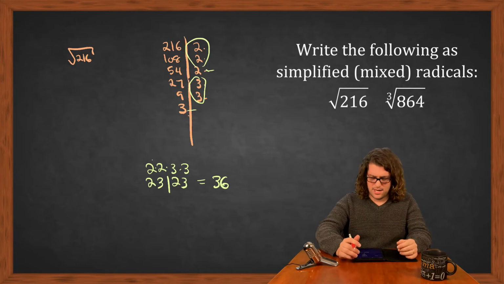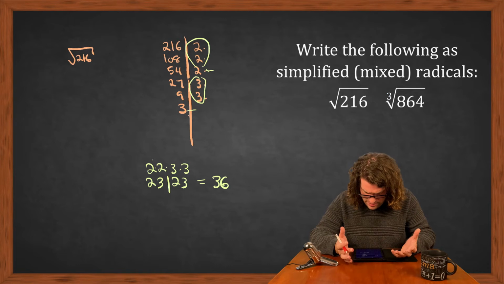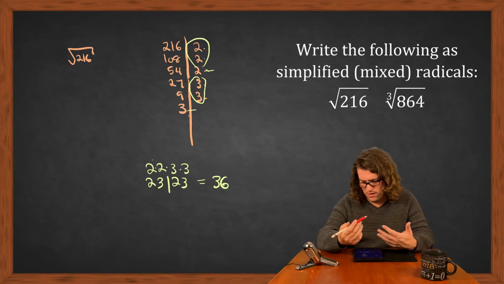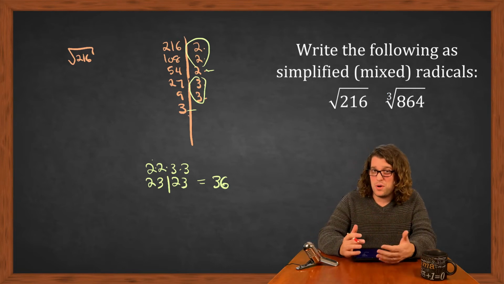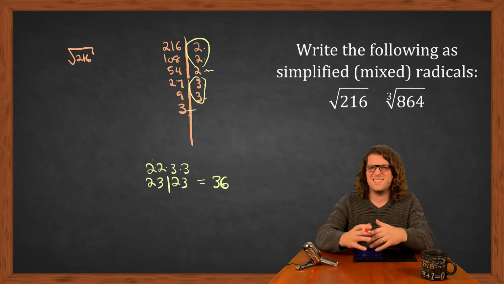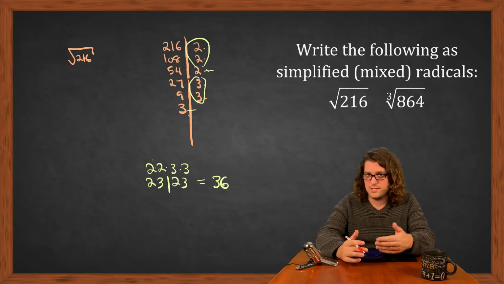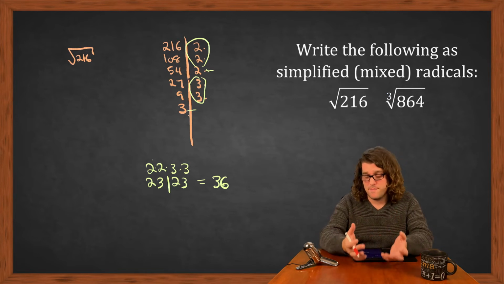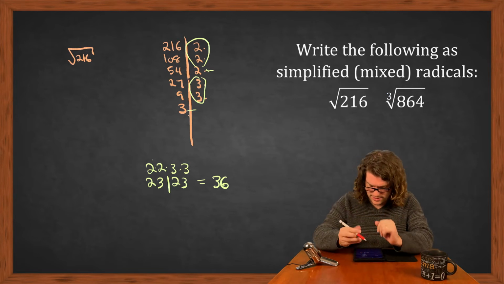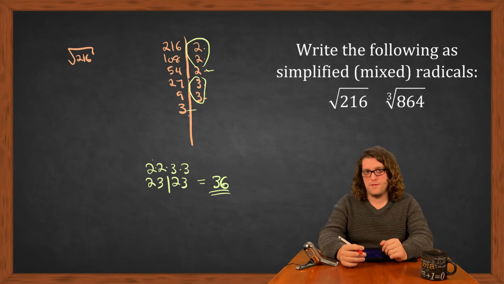So my perfect square is 6 by 6, and the perfect square that makes is 6 times 6, which is 36. This is the number that I want.